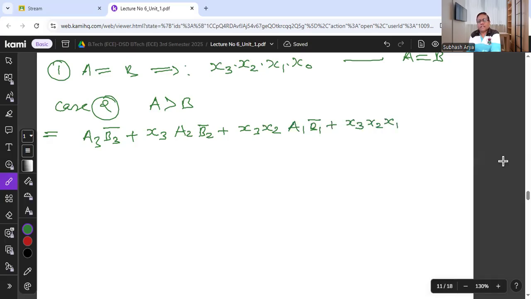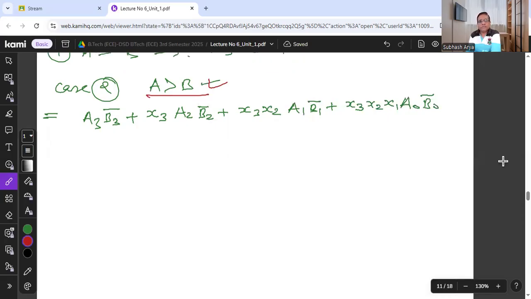Then the last condition has to be greater than, then only this condition will be satisfied that A is greater than B. So let us write A0 B0 bar. So now we have completed the Boolean expression for the case of A is greater than B.